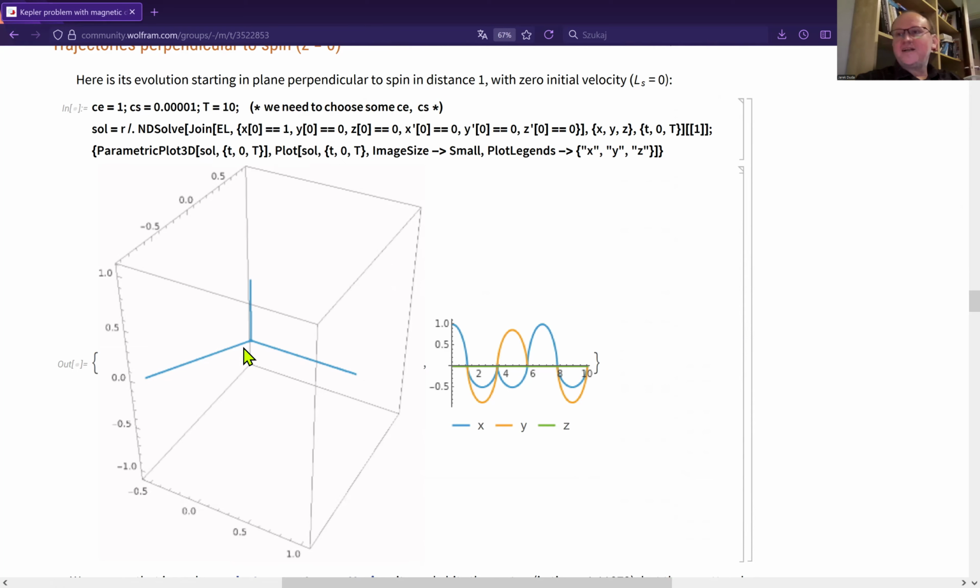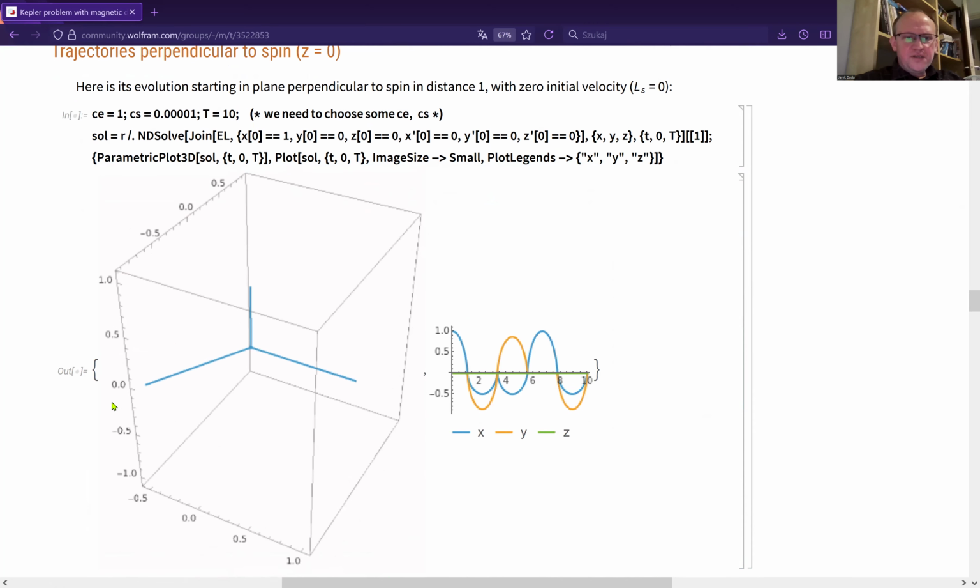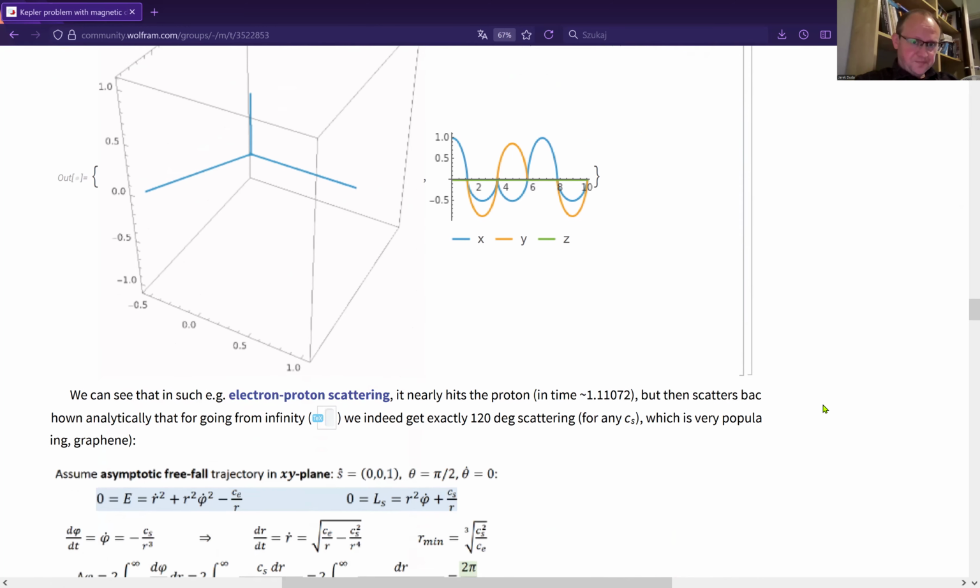And it turns out it's exactly 120 degrees, a very, very nice result I will show in a moment. So after three such quantized steps of nearly constant time, we get back to the original position. So we get a closed orbit of this type, made of three scatterings.